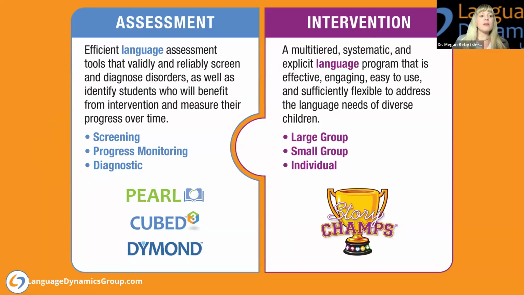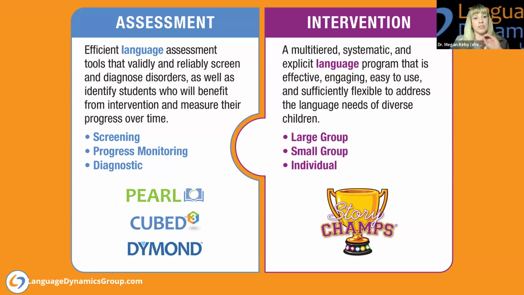We design assessments so that you have quick, efficient, easy, effective, valid, reliable assessments so that you can screen, using the Pearl and the Cubed, and diagnose, which is new, using the Diamond as a diagnostic tool. I'll show you a little bit more later. And then, what do you do when you have a problem?